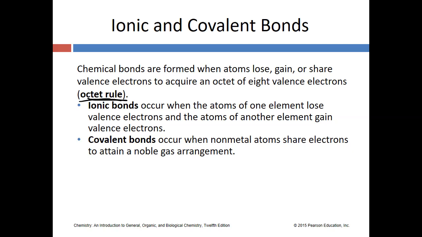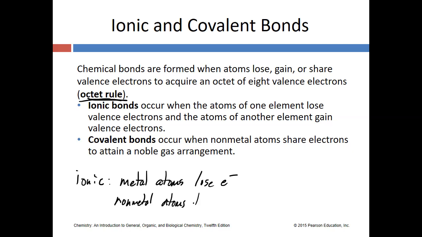What that generally looks like is metal atoms will lose electrons and non-metal atoms will take electrons. In the course of a chemical reaction, these two processes of giving and taking happen simultaneously and almost instantaneously between the two.